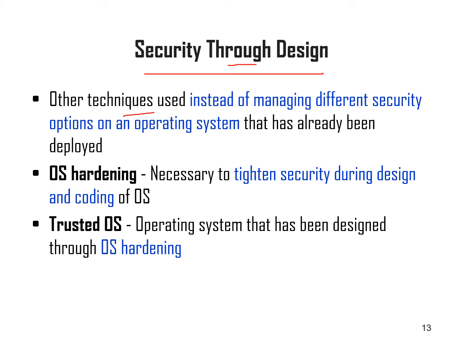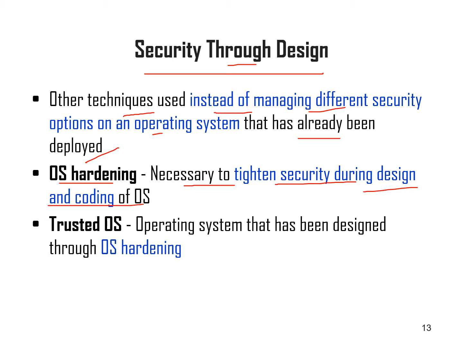Instead of managing the security options of an operating system that has already been deployed, we use other techniques, which is OS hardening. What is meant by OS hardening here? It is necessary to tighten the security during the design and coding of the OS. If I want to secure an operating system, I have to do it during the design itself.